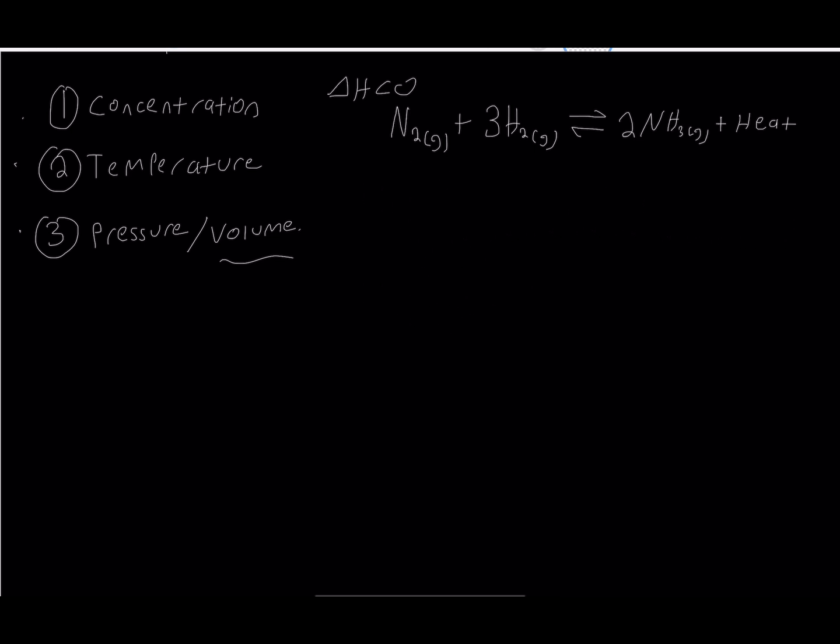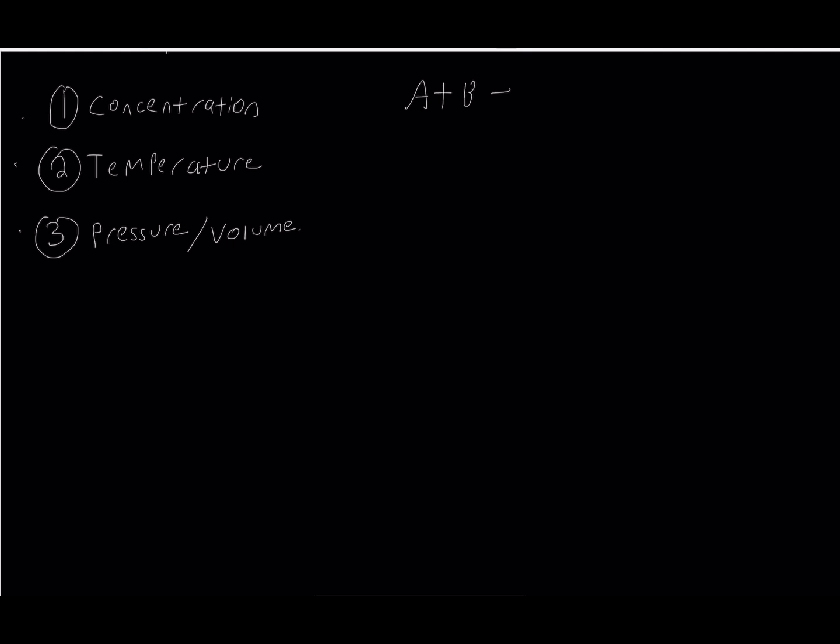All right. So let's wrap this up with a little quiz. Let's say I have the reaction A plus B is in equilibrium with C plus D. First write me my K expression. We're assuming all of these are gases, let's say.